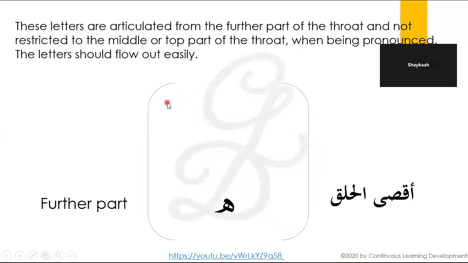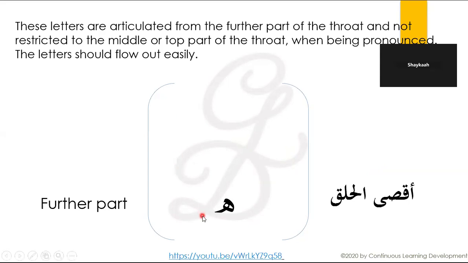The letter Ha comes from the same place as our first letter that we looked at, which is the Hamza letter. The Hamza letter, which is placed on top of an alif, is known as Hamzatul Qata.